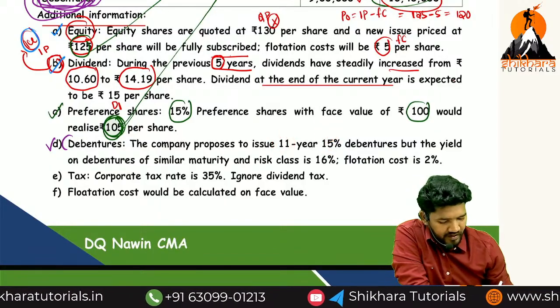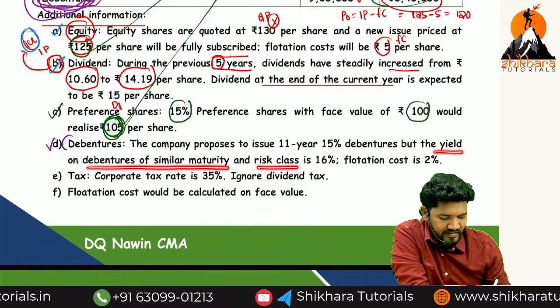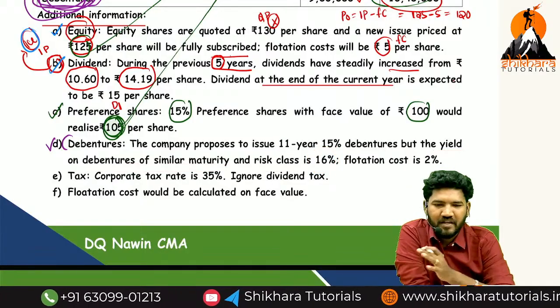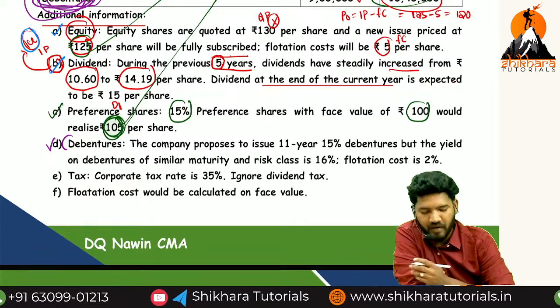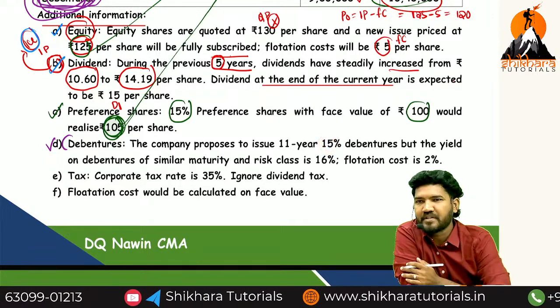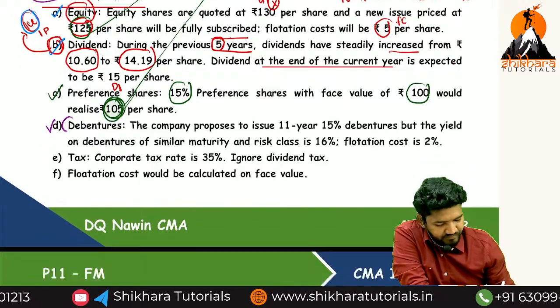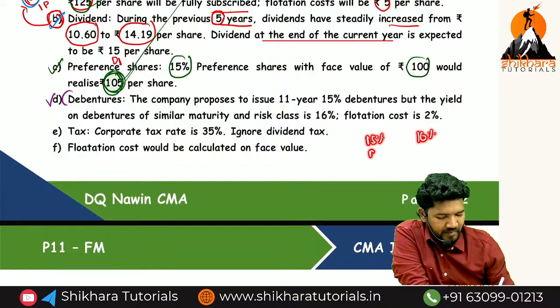Okay, then fine. Debentures, but the yield on debentures of similar maturity and risk class is 16%. So outside there is a similar kind of debenture. They are earning 16% per debenture, but we are issuing 15% debentures. Are you clear? Now the point you have to understand: a 15% debenture is there, a 16% debenture is there in the market.